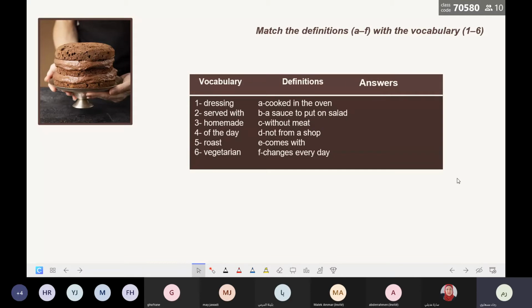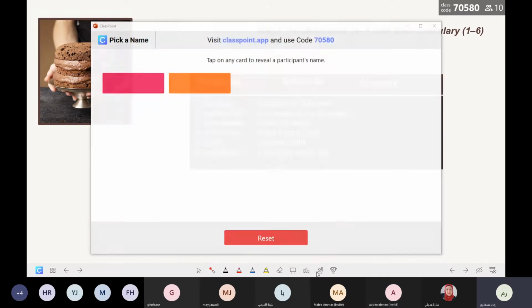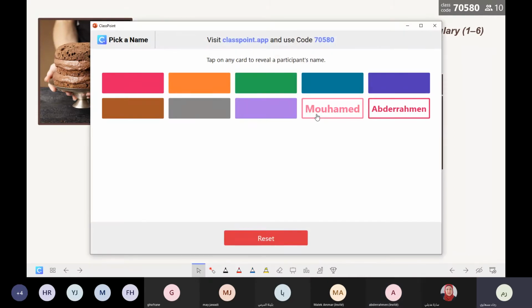So what is the definition of the day? Take a look at F. Changes every day. Good. Correct. Thank you. Changes every day. Good.